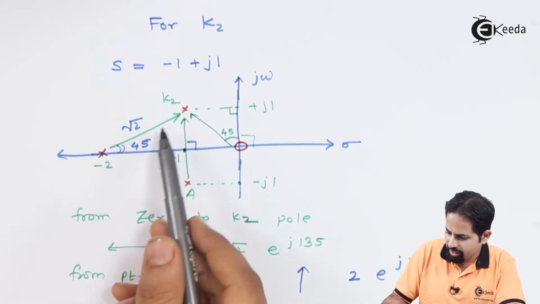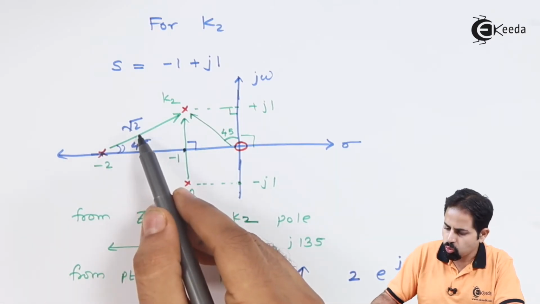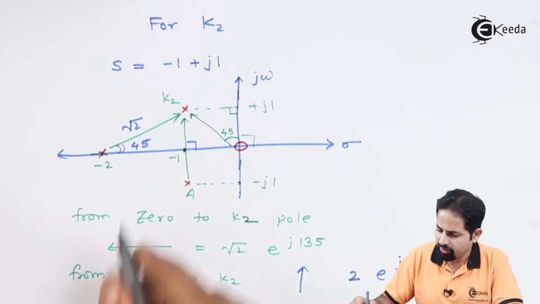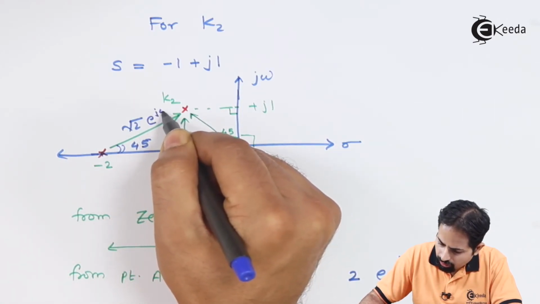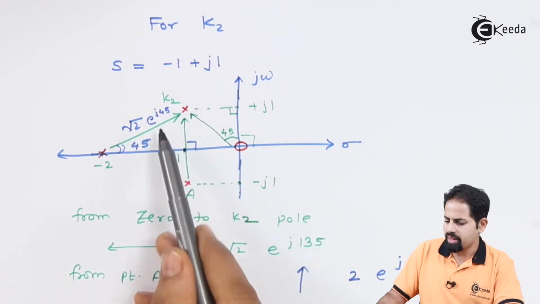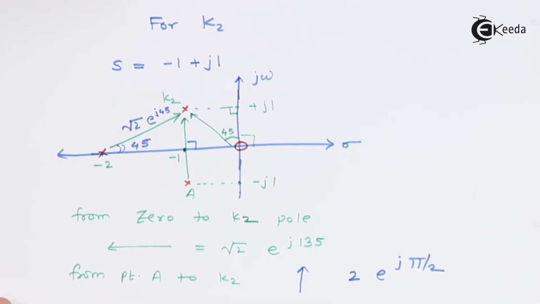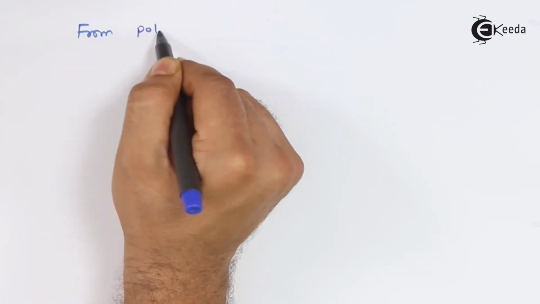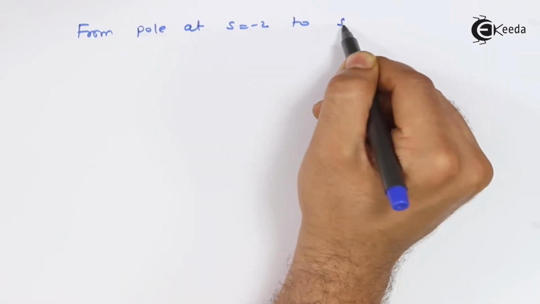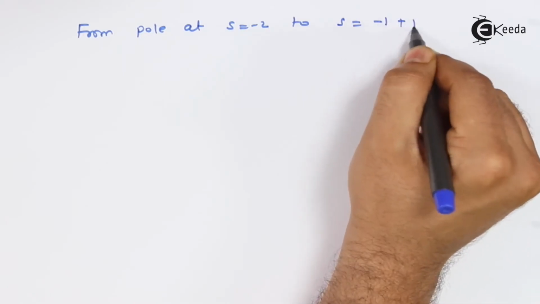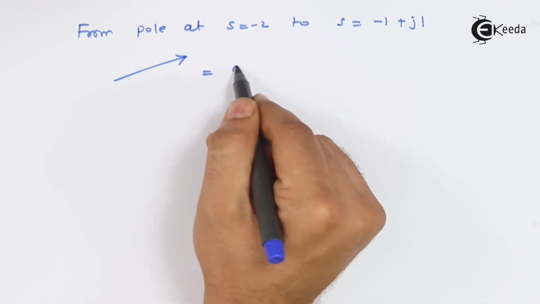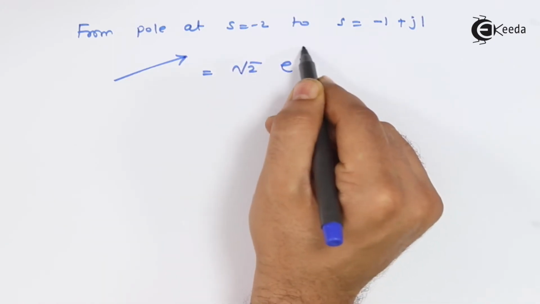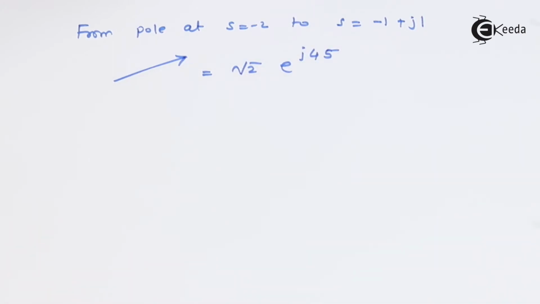So for this case it is going to be √2 into e raised to j 45. So you can write it here also, e raised to j 45. So we have this vector which is equal to √2 into e raised to j 45. Now we will add all these three and write the equation.